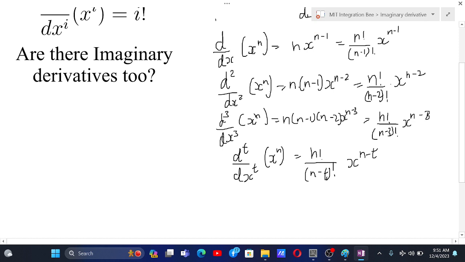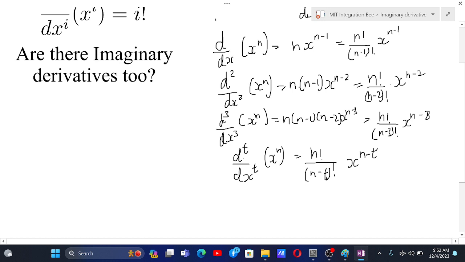We can check this generalization from the previous derivatives. Typically t should be a positive integer, but we just try to extend and see what result we get, and that way we have extended t to any complex number.